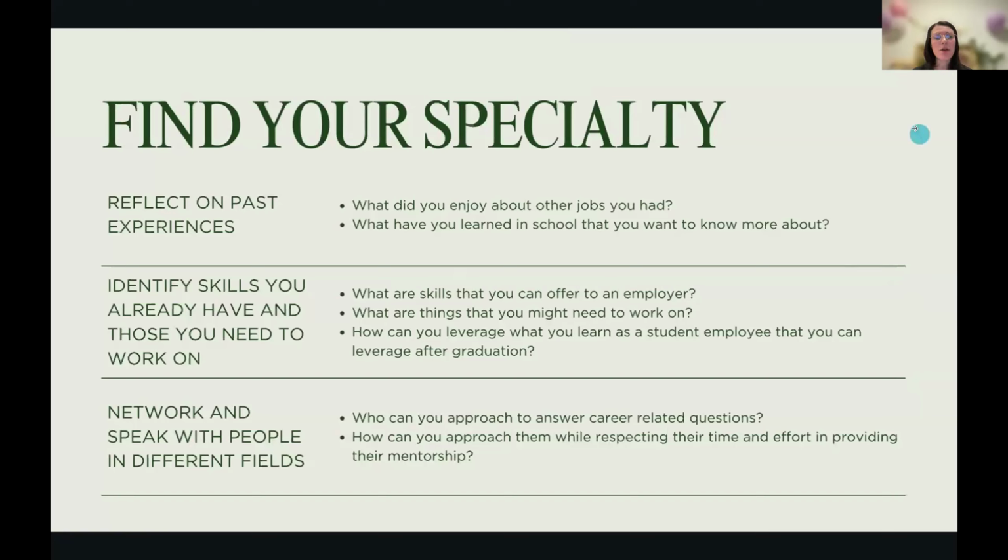So first, I'd like to begin by talking about how to find your specialty. You can reflect on past work experiences that you really enjoyed. For some people, you might enjoy the social aspect of interacting with others, and that might guide you towards reference.